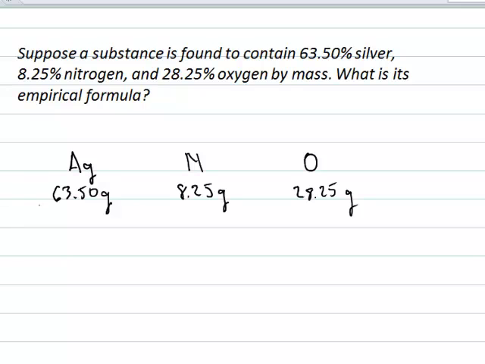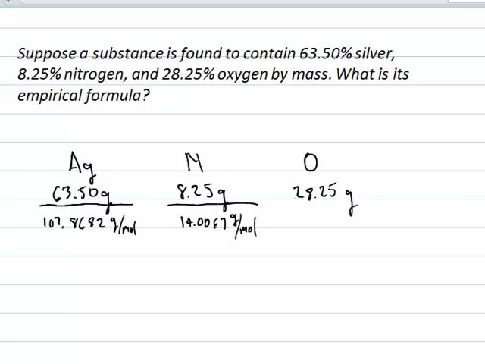So if we divide each one of these by the molar mass of the element, for example, silver is 107.8682, and this is grams per mole. Nitrogen is 14.0067 grams per mole.